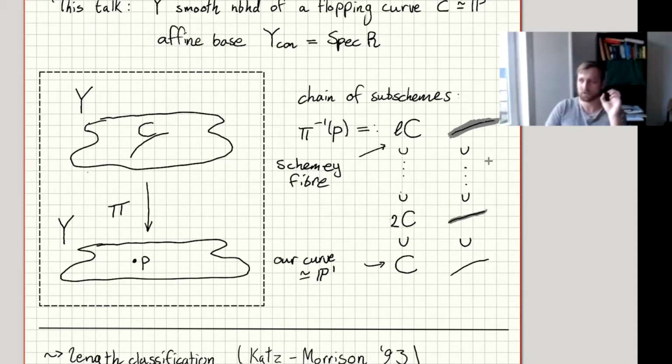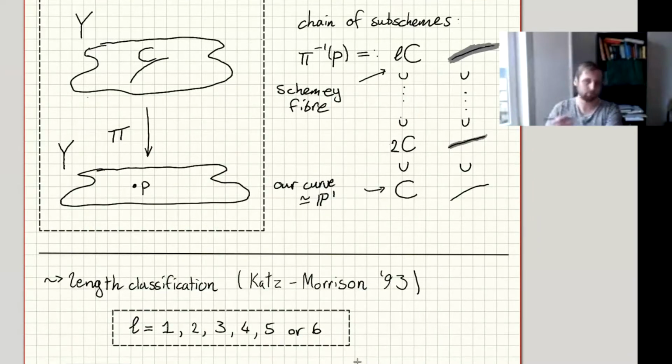Right. So although there's only one curve in the picture, actually when you start studying these spaces, there's all kinds of different curves showing up, non-reduced curves. Right, so the first question you might ask is, well, how many of these curves would there be? And that's an invariant called the length of the curve. The options for this length were classified by Katz-Morrison in the 90s.